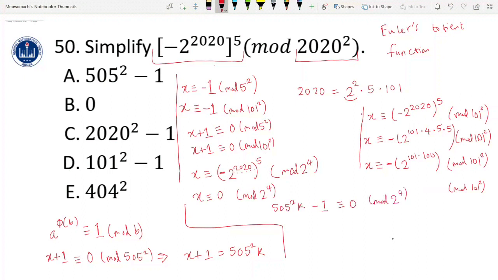Okay, and then we have 505 is congruent to 9 mod 16. So you can quickly check that 505 is the same thing as 496 plus 9, all squared k minus 1.